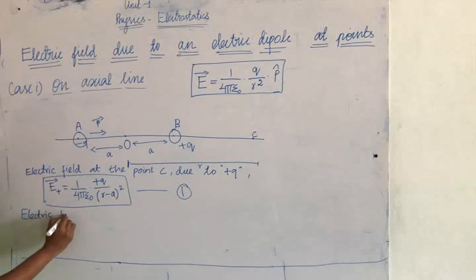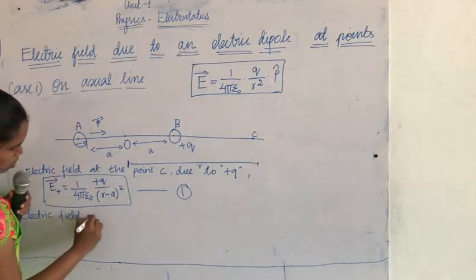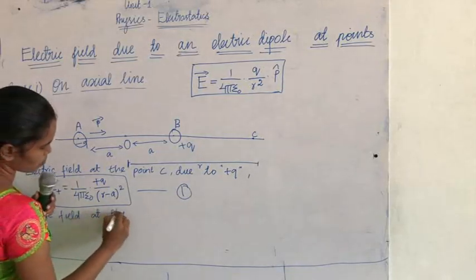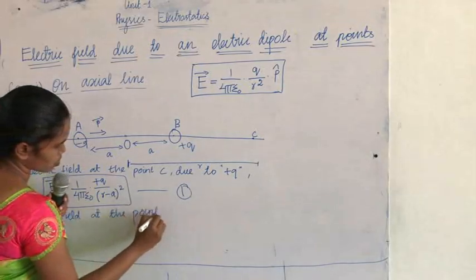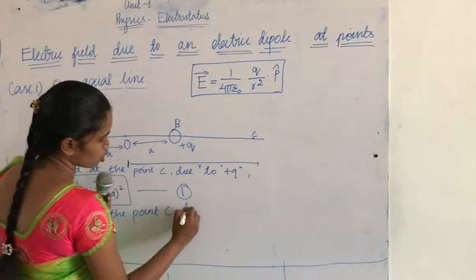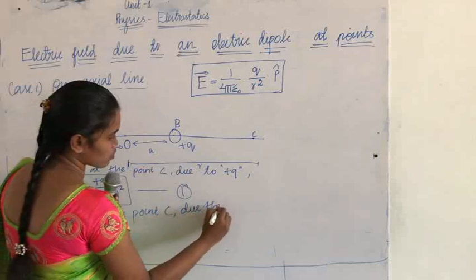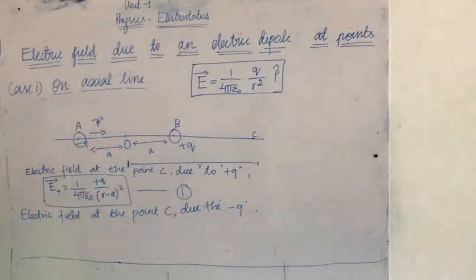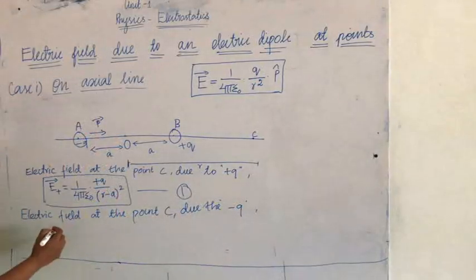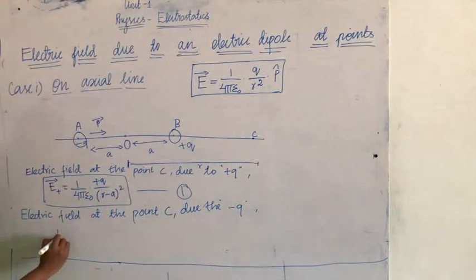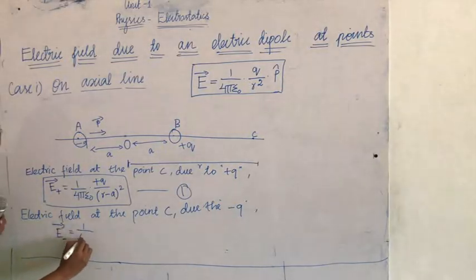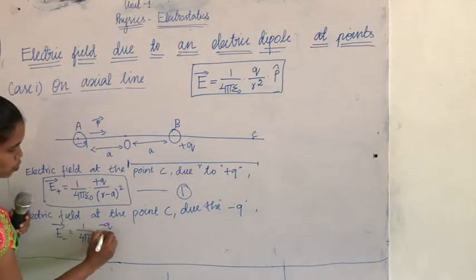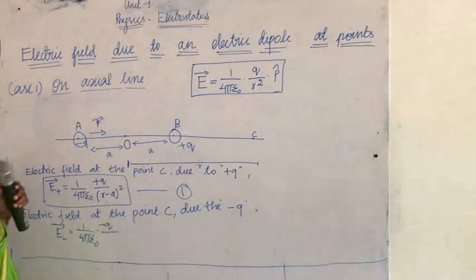Now the electric field at the point C due to the negative charge minus Q. E minus vector equals 1 by 4 pi epsilon 0, and the charge is minus Q divided by the distance square.